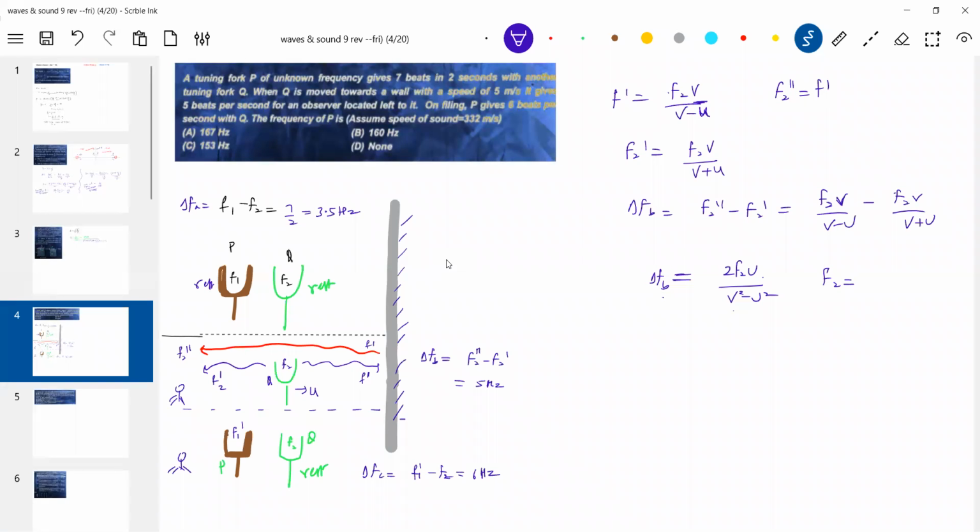Anybody? 166? Sir, it is 2 F2 UV by V square minus U square. UV, yes. Anybody got the value?